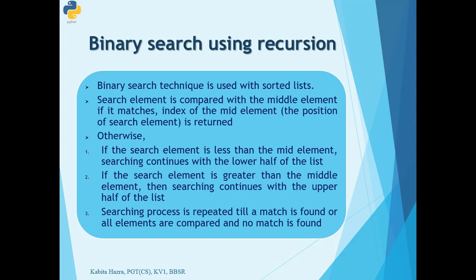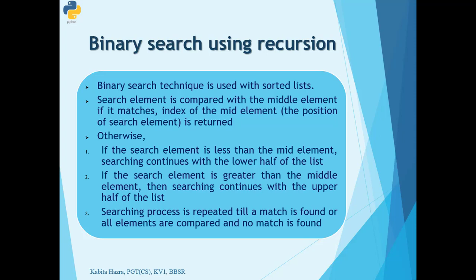Otherwise, the search is reduced to half of the list. Which half of the list will be searched again? This is determined by comparing the element with the mid element again. If it is less than the mid element, then the search continues with the lower half of the list.